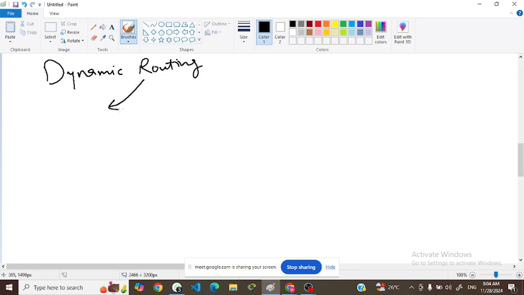So there are two types of dynamic routing. First is IGP and second is EGP.